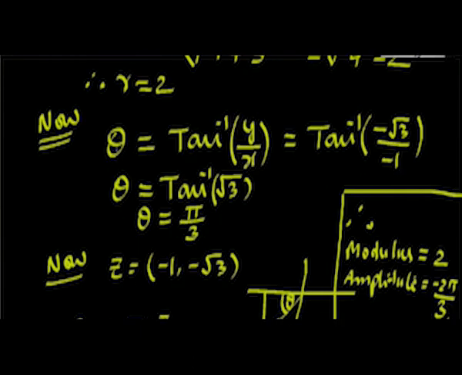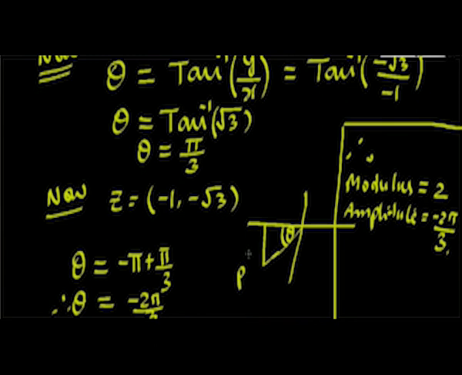Next, coming to the amplitude, as explained just now, the angle theta is equal to tan inverse y by x. So here theta is equal to tan inverse root 3. Tan 60 will be root 3, so the angle is pi by 3. But here the point belongs to the third quadrant, so theta cannot be 60 degrees.